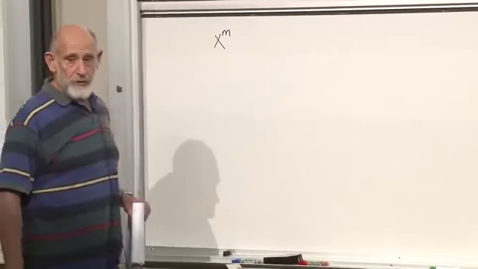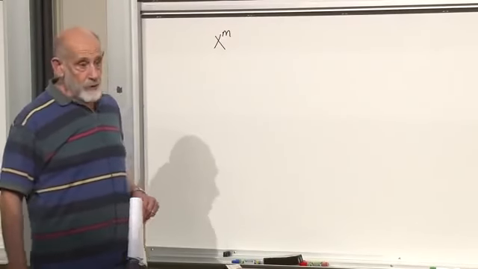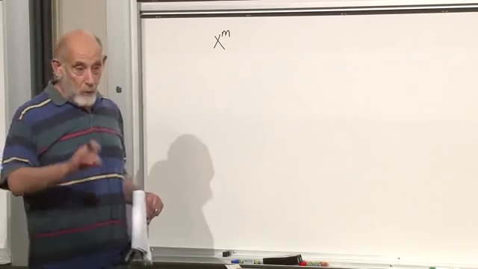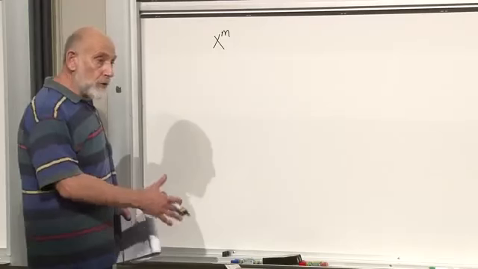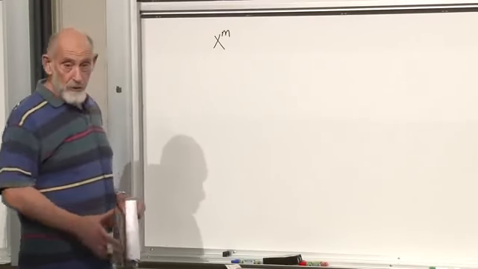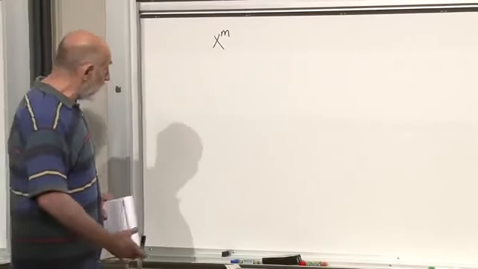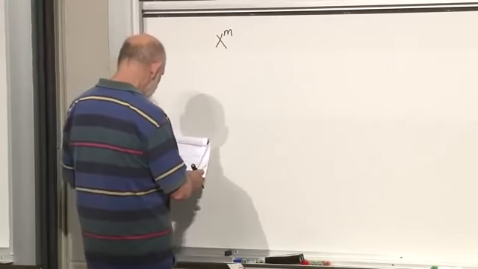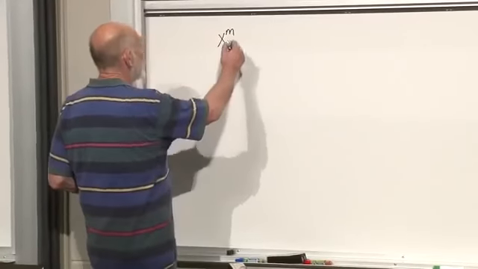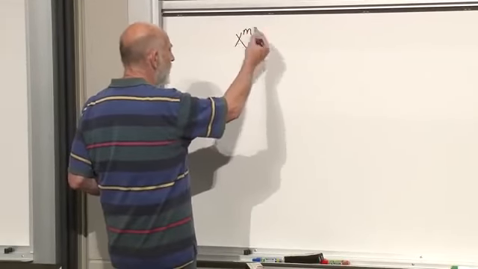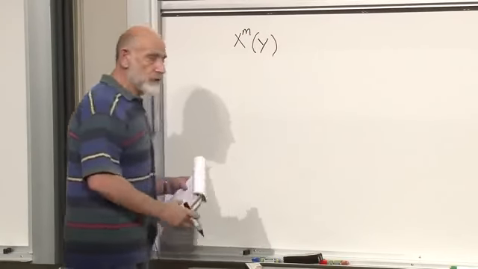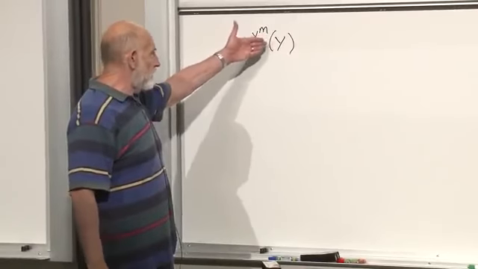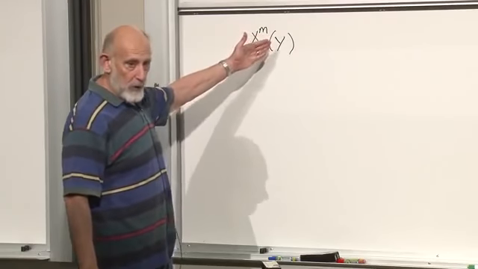And, of course, they're related because if you know the coordinates of a point in one set of coordinates, then in principle you know where the point is, and therefore you know its coordinates in the other coordinate system. So we might write that x, the coordinates x^m, are functions of y, and what I mean by functions of y here is functions of all of the components of y.